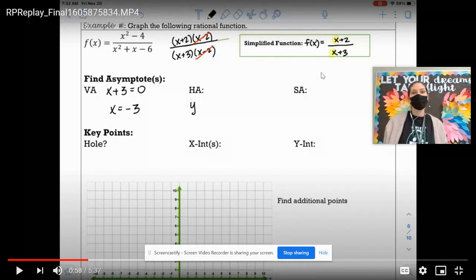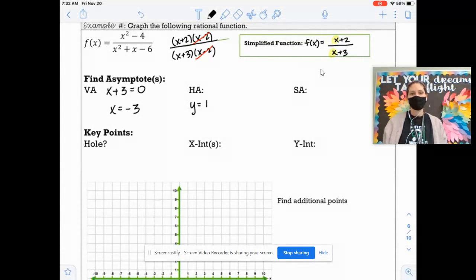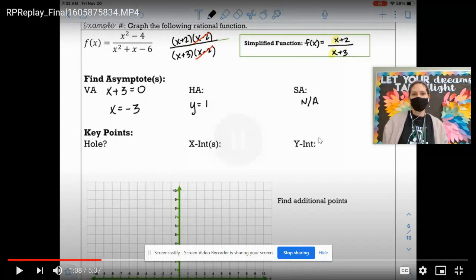So 1 over 1 is 1. So I'll have a horizontal asymptote at y equals 1. It will go across. There is no slant asymptote because you only have a slant asymptote if the degree of the numerator is 1 degree larger.